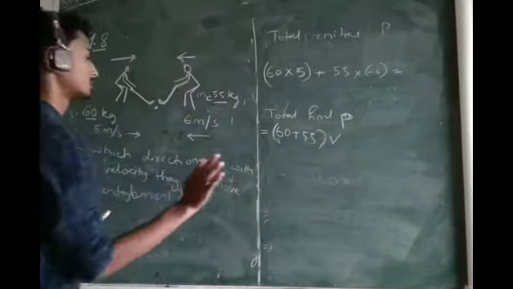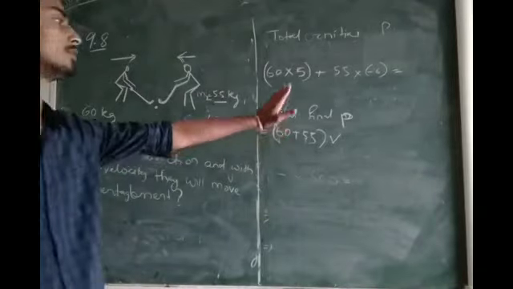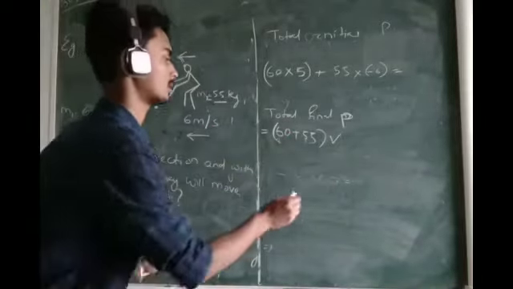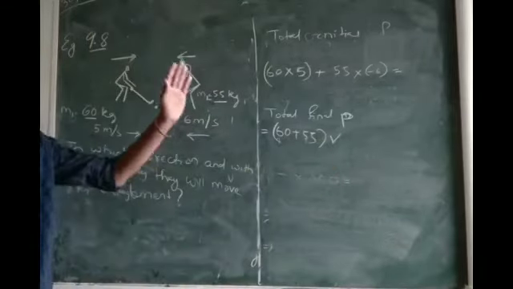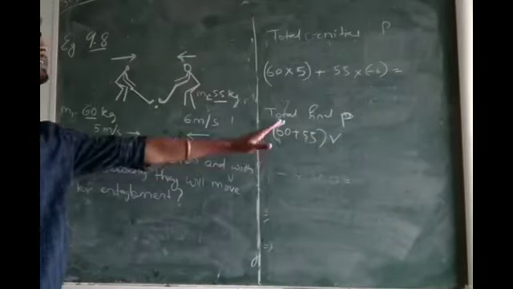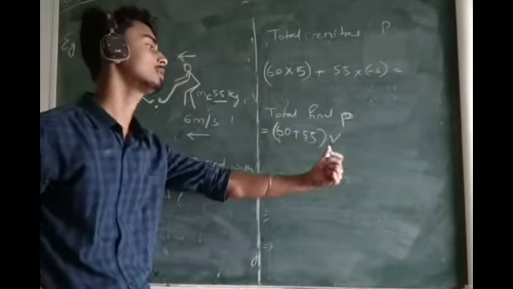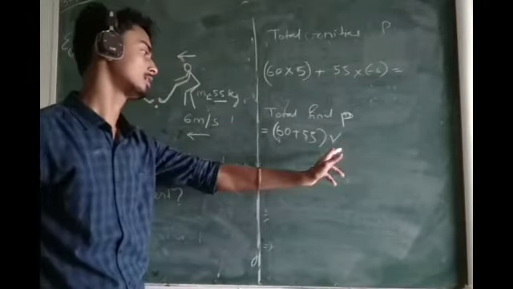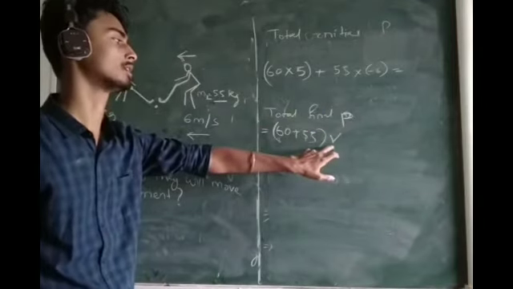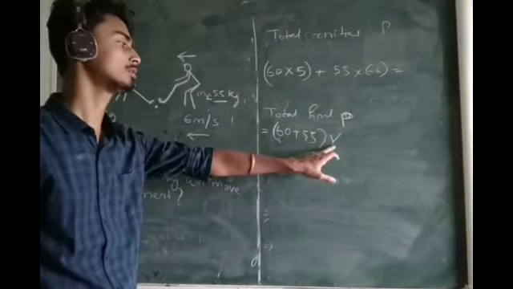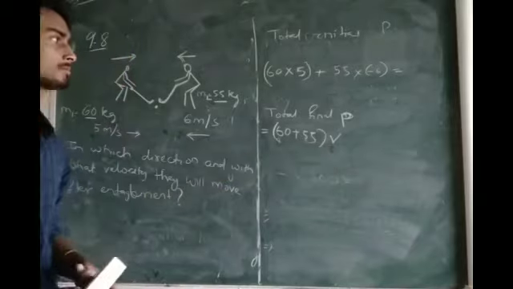Let's say that is v. Here you can see that everything is given, only one thing is not given. As I said in the previous question, in questions related to conservation of momentum, it will give you everything and only ask you to find one thing. Here the velocity is not given: after entanglement, what will be their velocity and in which direction?